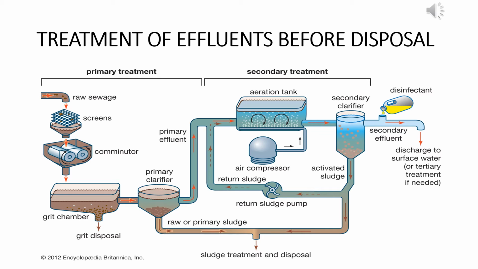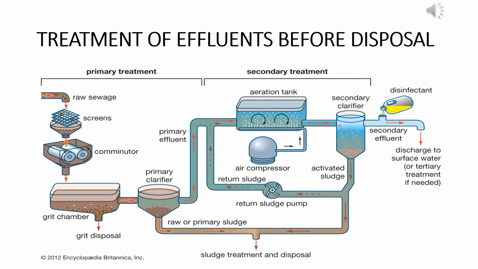The primary clarifier is again a chamber where the water remains stationary for a lot of time so that there is a sedimentation at the bottom of it, and this is called the sludge or the primary sludge, which is not quite a solid waste or a liquid waste, but a mixture of solid and liquid waste material. Mostly it contains soil and animal excreta.